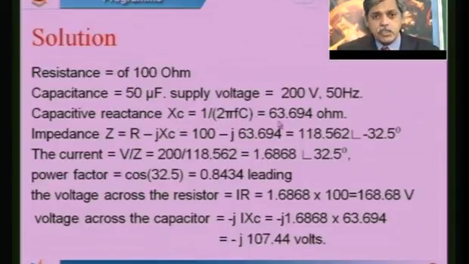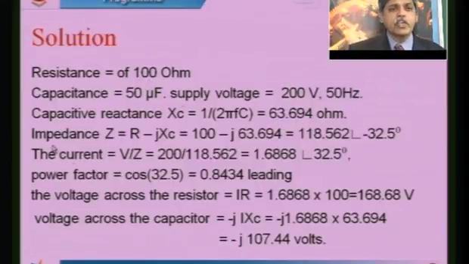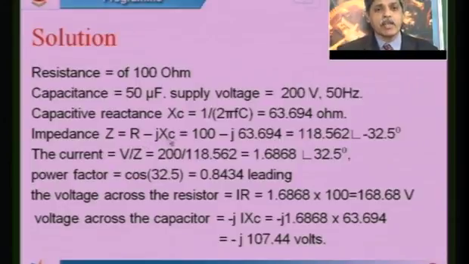Now you see this is 63.694 ohms, this is also ohms, therefore I can write down the impedance Z is equal to R minus j Xc, okay, 100 minus j 63.694. This being a capacitive reactance, always this capacitive reactance will be associated with minus j, okay.